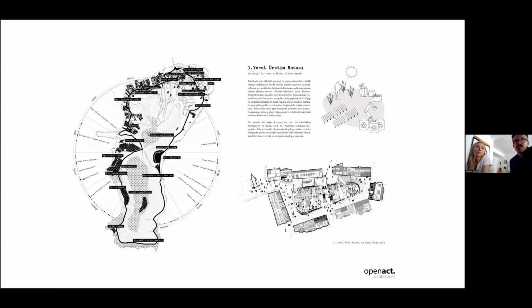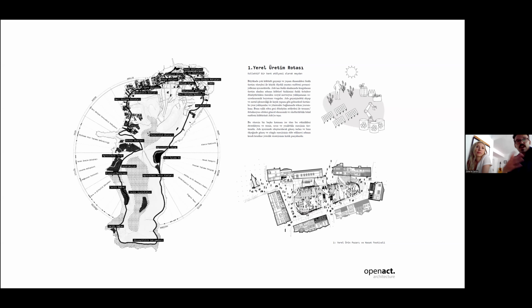For example, this route is the local production route, and the square acts as a collective urban workshop hosting programs like a local products market or harvest festival. It comes from the idea of the broader scale where we saw local production happening, and that local production in other parts of the island can come to the square and show itself.